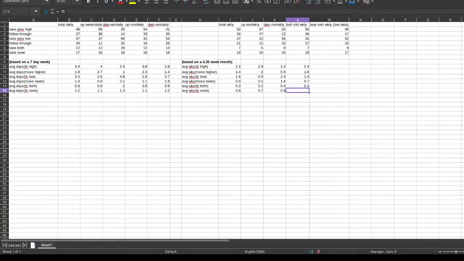That's going to be 0.18, and that's going to be 0.8. There we go. Four times 4.35 is 1.7.